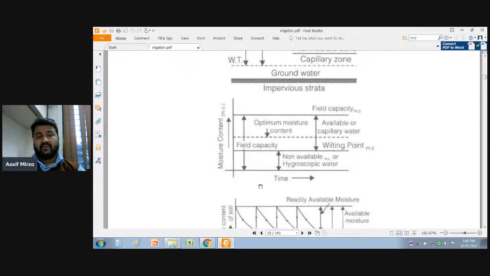In the graph of time versus moisture content, you can see this is the non-available or hygroscopic water at the bottom, and this whole is the field capacity, and above the non-available or hygroscopic water we have the available or the capillary water, and at this dotted point, this is the wilting point. And this is the field capacity.